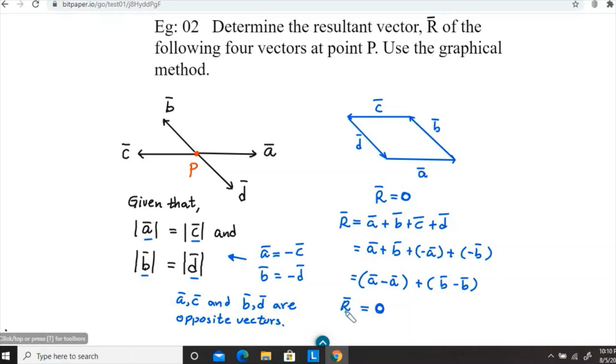So mathematically, we have proven that the vector sum for these four vectors is 0, the null vector or the 0 vector. The other way is when you geometrically draw the vector polygon, if all the sides close and create a closed polygon, that again tells you that the resultant vector or the vector sum is 0.